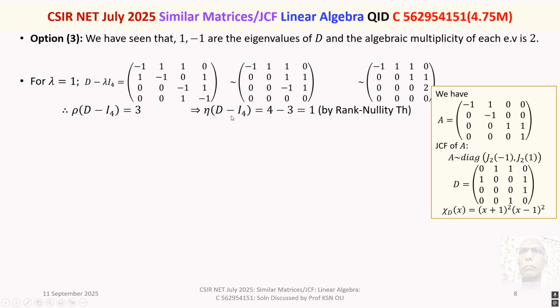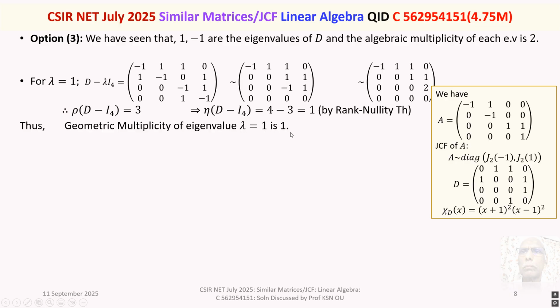Therefore, the nullity of D minus I4 will be 4 minus 3, that's equal to 1. We are using the Rank-Nullity theorem. So thus the nullity of D minus I4 for lambda equal to 1 is 1. This tells you the geometric multiplicity of the eigenvalue lambda equal to 1 is 1.